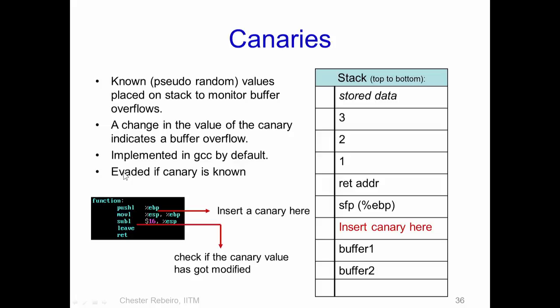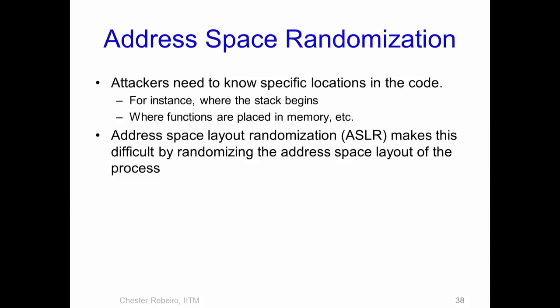That being said, the canary is evaded if the canary value is known. That is, if the attacker manages to know what the canary value is, then he could set this value in such a way that the canary is not changed at all, and therefore its use is limited.